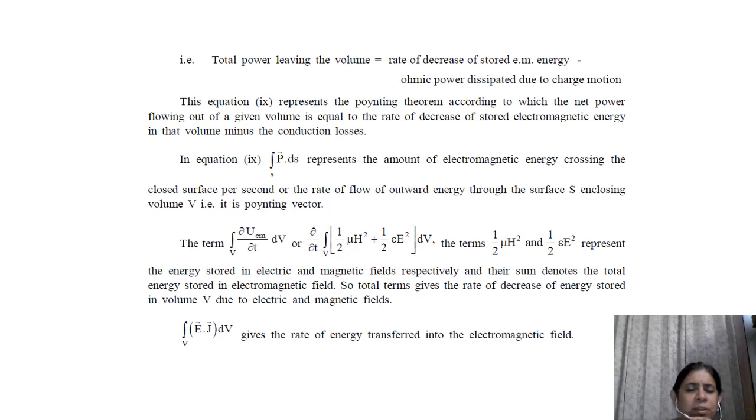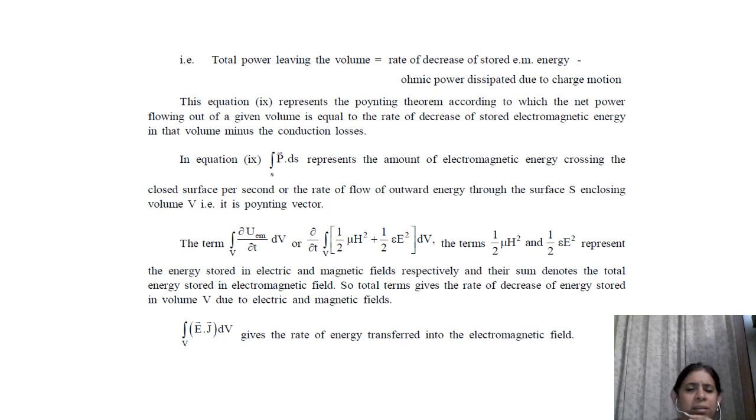So the difference of these two things will be what is left with the electromagnetic energy. So total power leaving the volume is equal to the rate of decrease of stored electromagnetic energy minus ohmic power dissipation due to the charge motion.